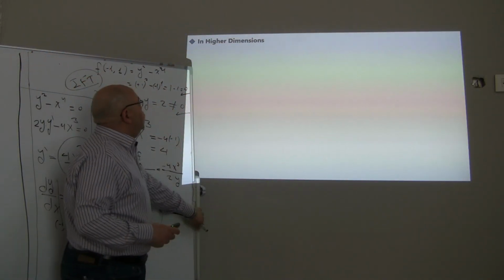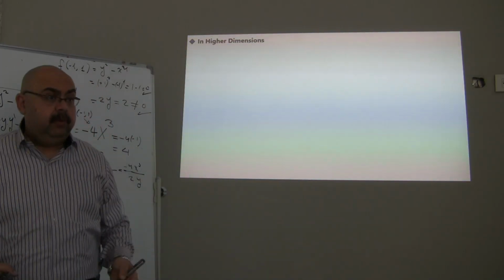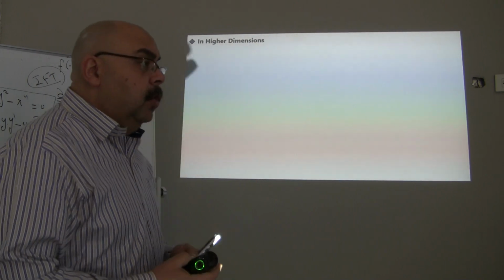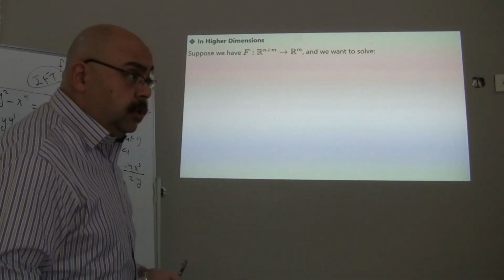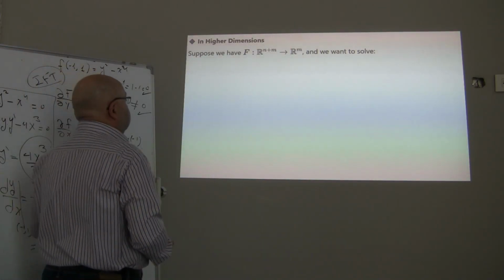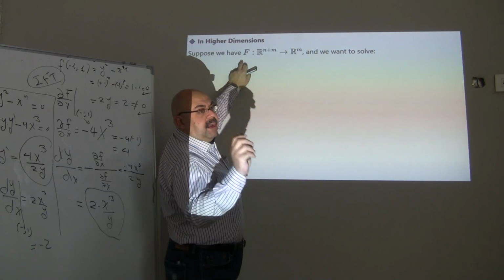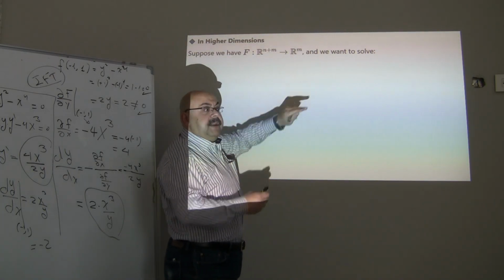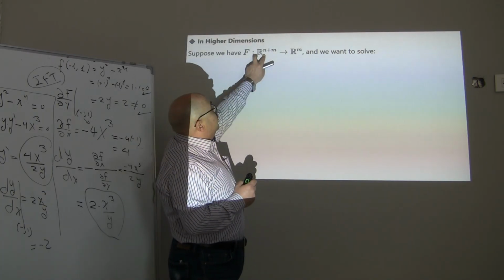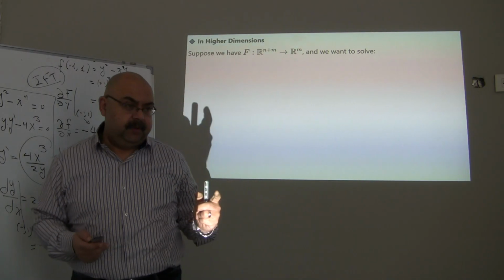In higher dimensions, if we are talking about multivariable functions, we probably will have a function in several variables other than the two functions that we saw. So in this case, if f makes a transformation from R^(m+n) into R^m, this is why linear algebra is important.